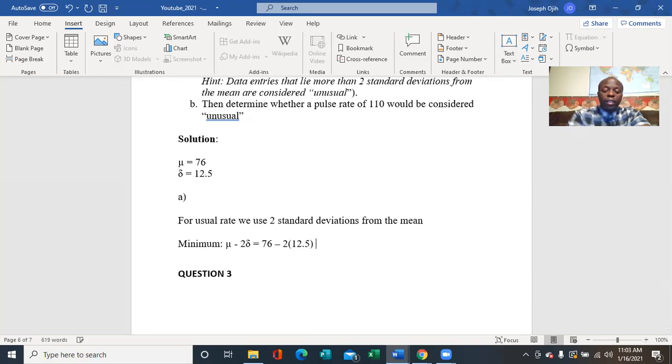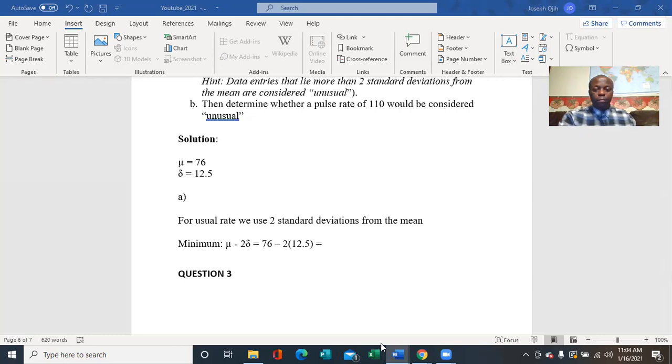So we can go to Desmos and get it. I have 76 minus 2 times the standard deviation of 12.5. So I'll take you out to Desmos.